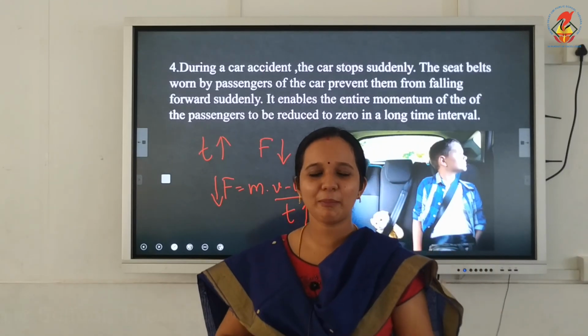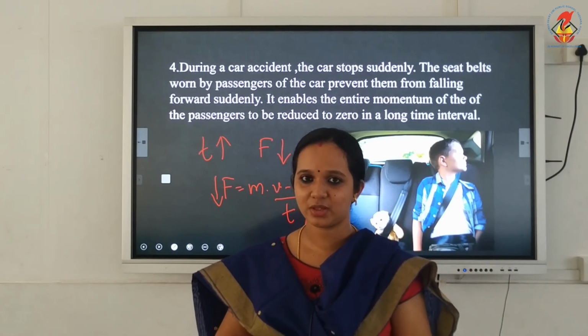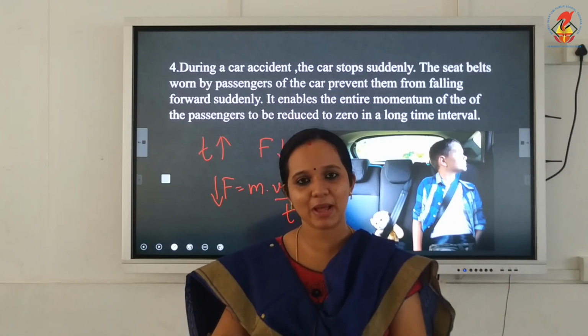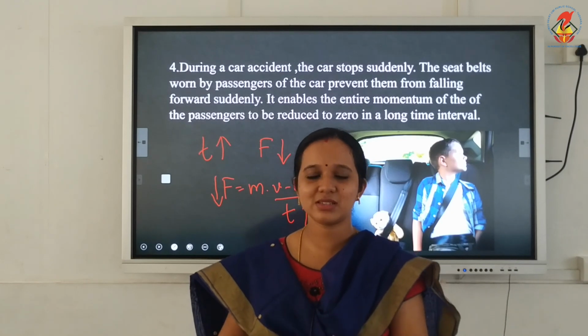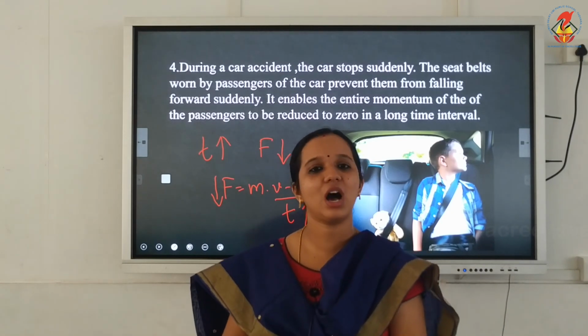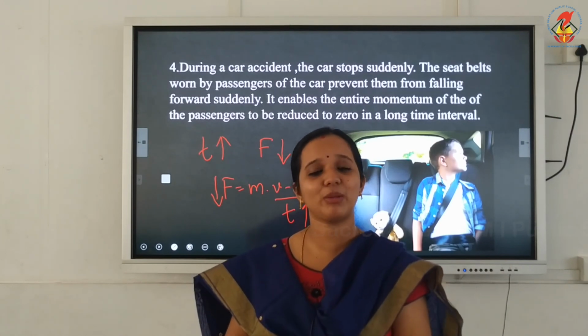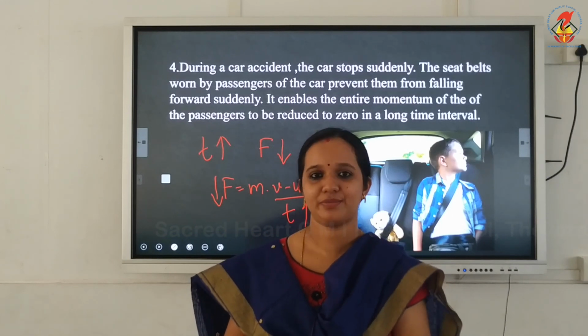So we are only applying a small force onto the front panel of the car. So the reaction force applied by the front panel on us will also be less. Since the reaction force is less on us, the impact created by it will also be less, so we won't get much hurt.